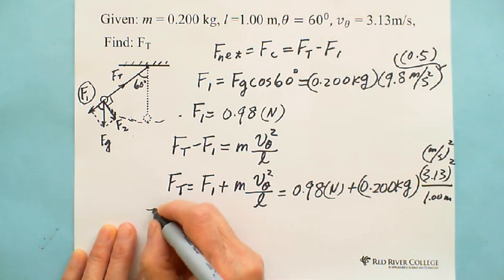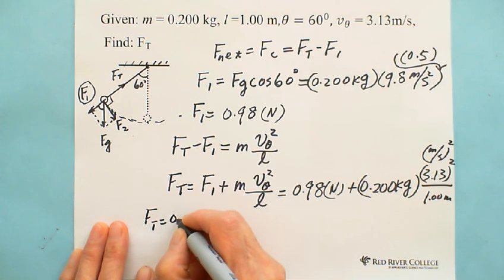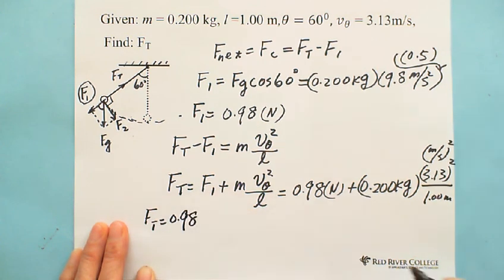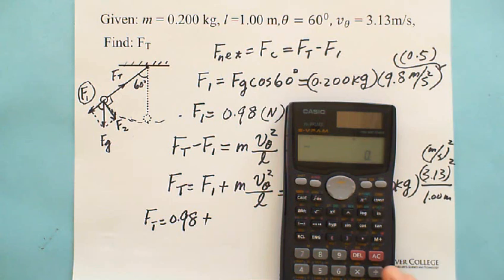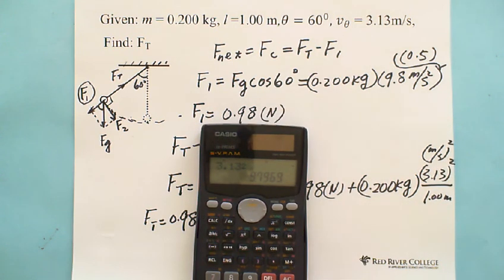So Ft equals 0.98 plus this one. Let's calculate 3.13 squared, divided by 1, still the same, and then multiply by 0.2.